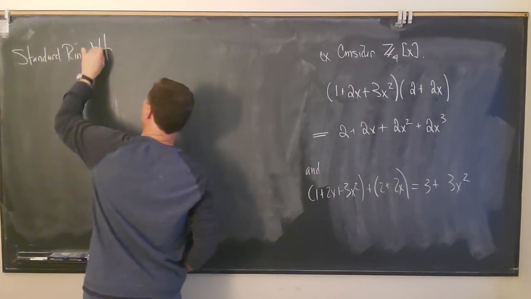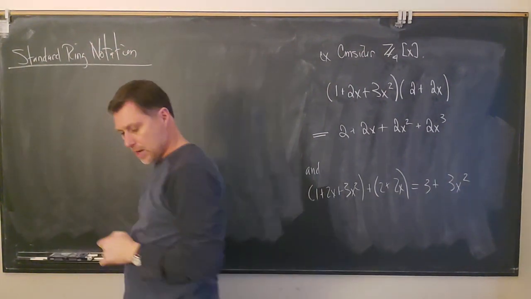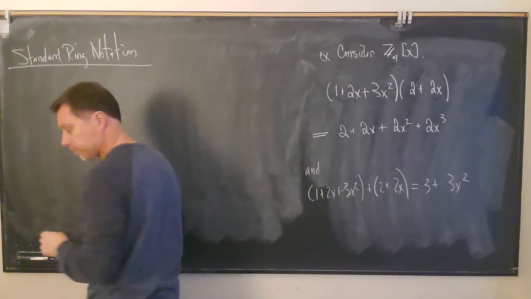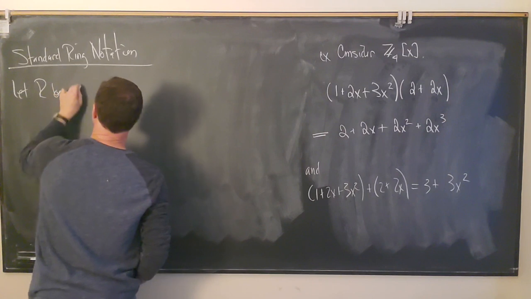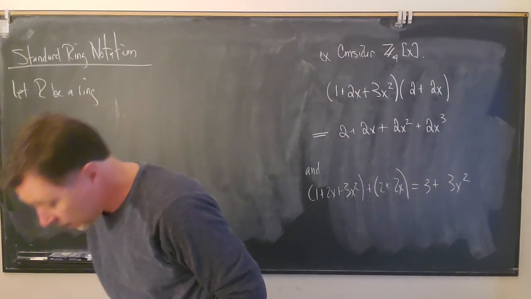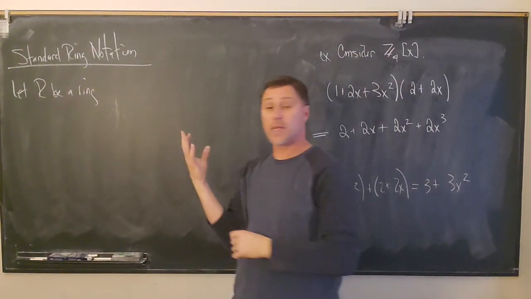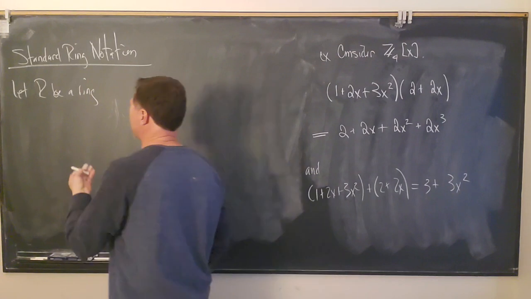There's some standard ring notation that I want to go over now. So let capital R be a ring. Of course, our addition is going to be denoted with a plus, and multiplication will be denoted with juxtaposition. I'll say that even though we already know this.